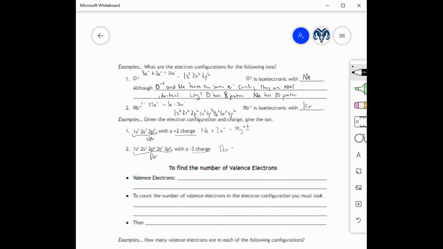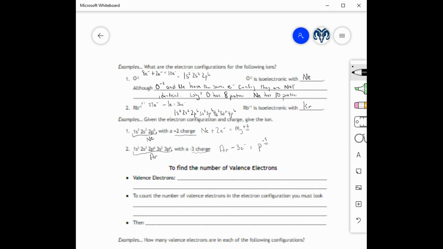So what I need to do is subtract 3 electrons from argon, and I'm going to get phosphorus with a -3.